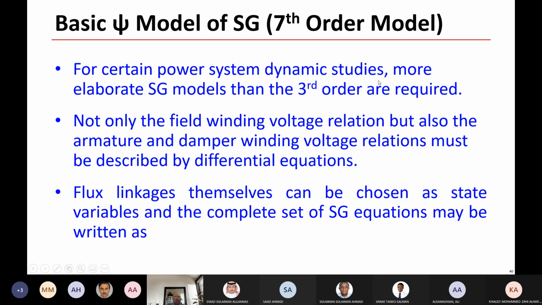For certain power dynamics in the third order models, we need more elaboration, more details of the machine. Not only the field winding, but also the damper winding. So we go to the subtransient time constants and reactances, and the flux linkages themselves can be chosen as state variables.